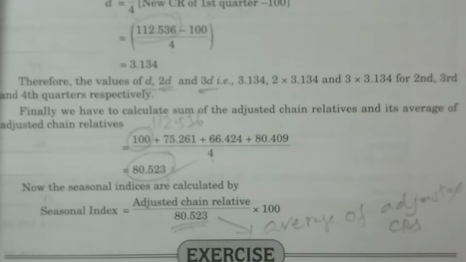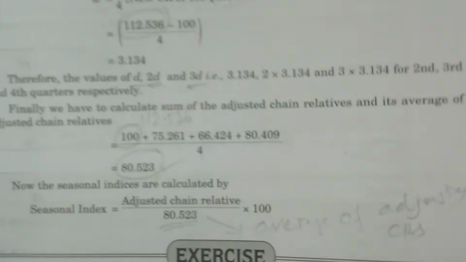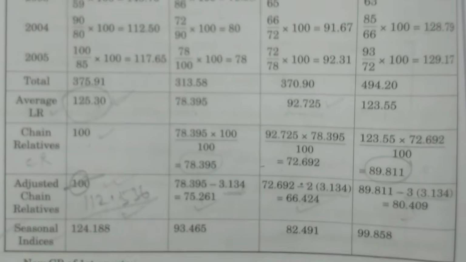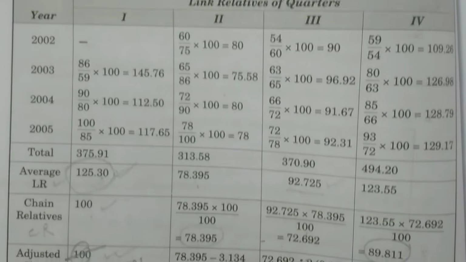We will get the seasonal index number. I show you again in the table. These are all the values in the table for the first quarter. Do you see here? This is the result of the first quarter.